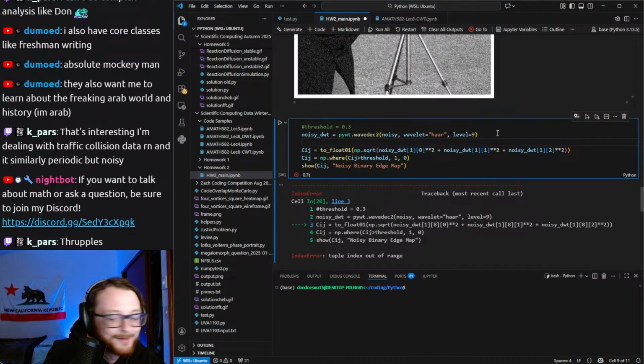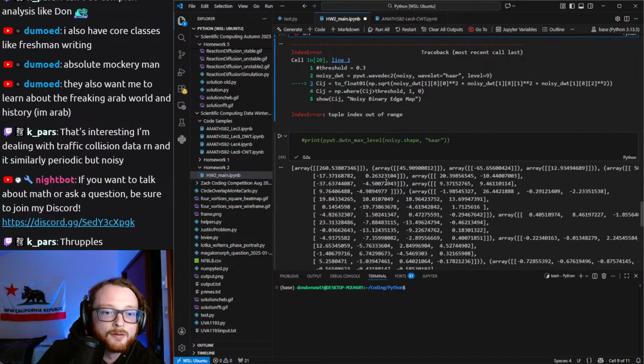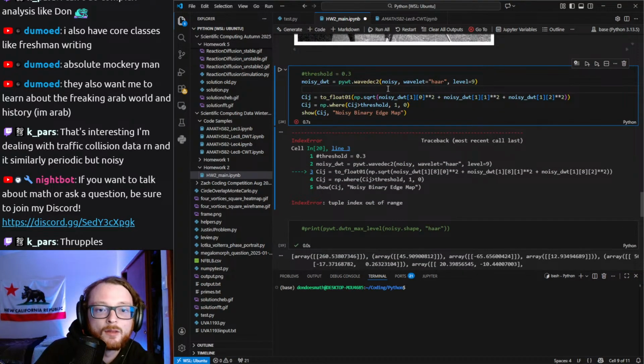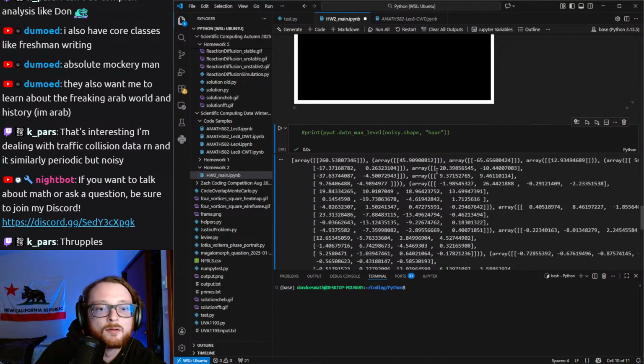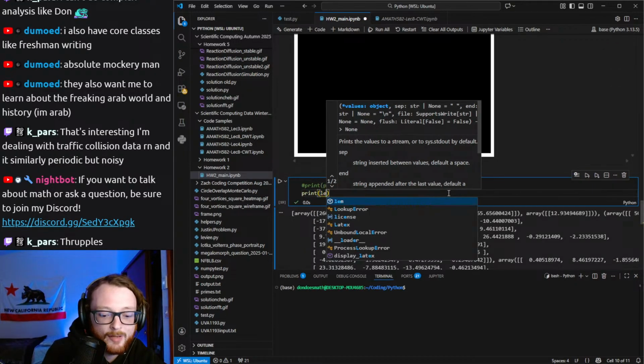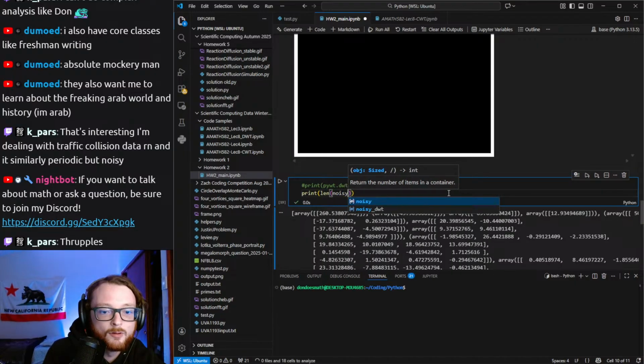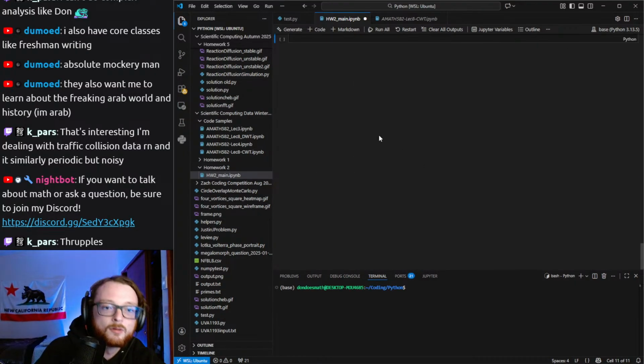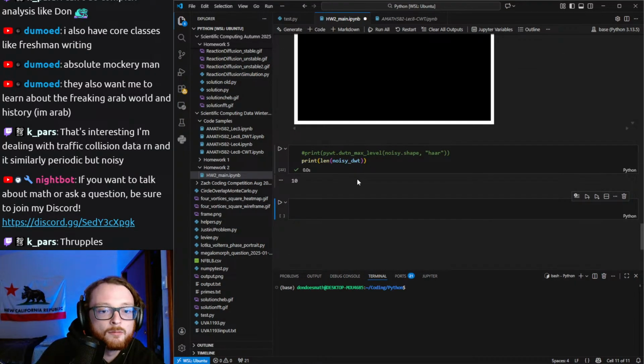How do you get the length of a tuple in Python? Is it len parentheses? Okay. Confused about what it's actually returning to me.